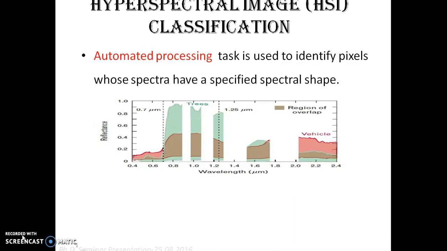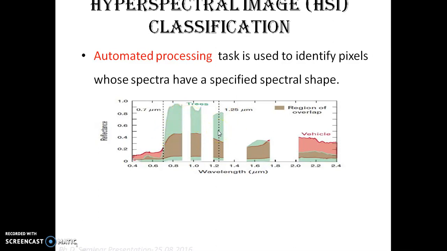This is an example diagram that depicts how each and every object varies spectrally. This is actually a region of overlap. While using the spectral reflectance given by a specific object like a tree or a vehicle, we only represent the average reflectance.